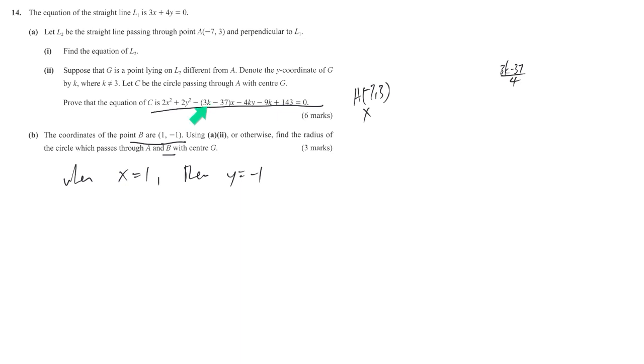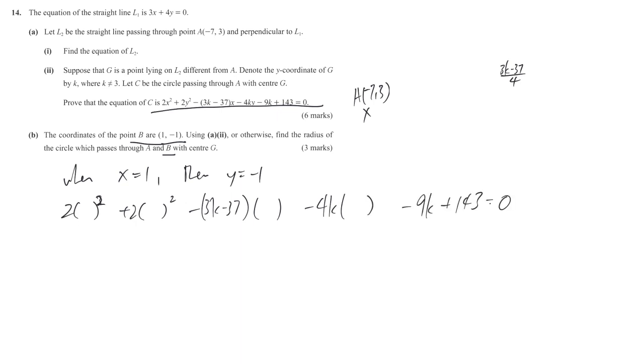So if you replace x and y, there is only one unknown, then you can work out the value of k. Understand what I mean? So this calculation is much easier. Replace x by 1, y by -1.